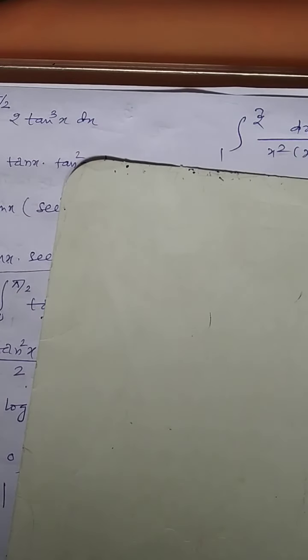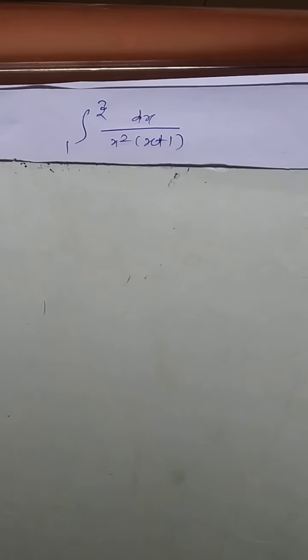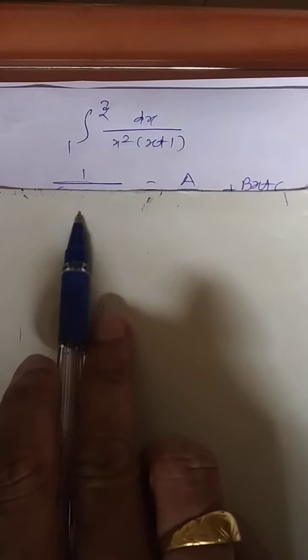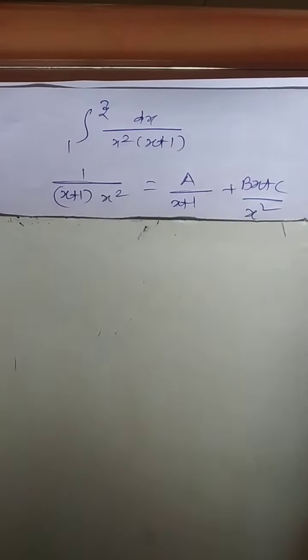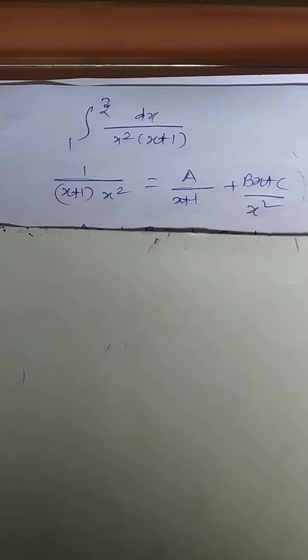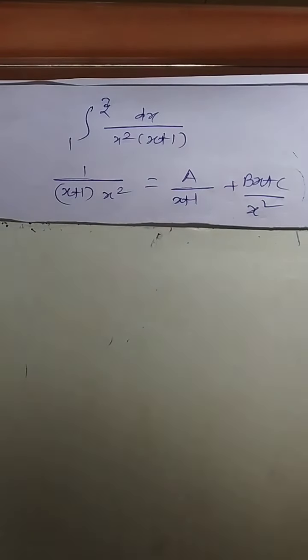Can you identify the next question which is there on your screen? This is a question of the partial fraction type, second type: 1 upon x plus 1 times x square. It can be done like this also.